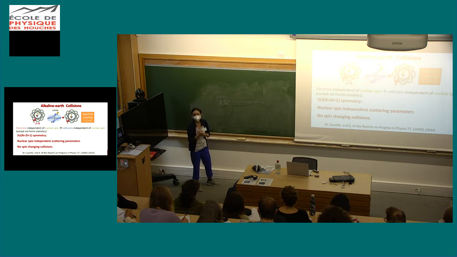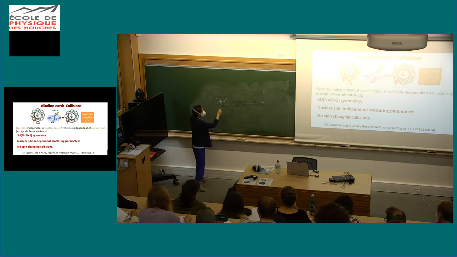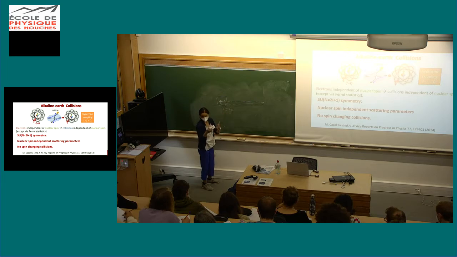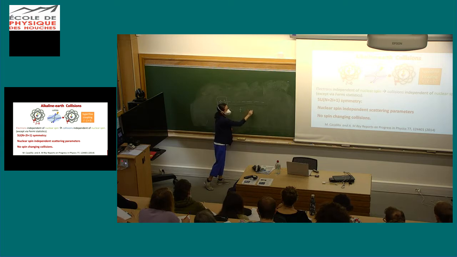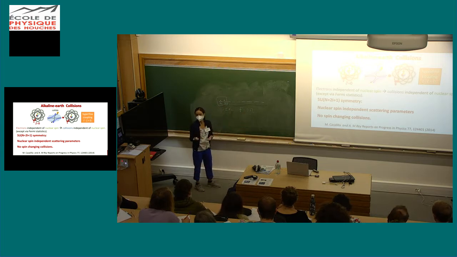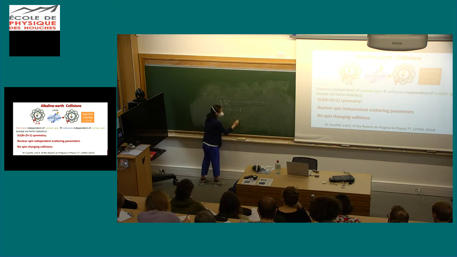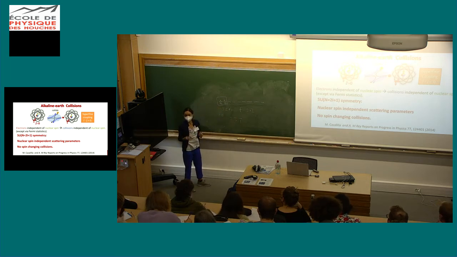If people have worked with alkali atoms, they might be aware that this is not the case, for example, in rubidium atoms. In rubidium atoms, you have J·I, of course, different from 0, and the good quantum number is not J or I, at moderate magnetic field, but F, that is the sum of J plus I. How this manifests in the collisions is that in rubidium, for example, with F equal to 1, you have 3 levels, -1, 0, and 1, and you can have spin-changing collisions.